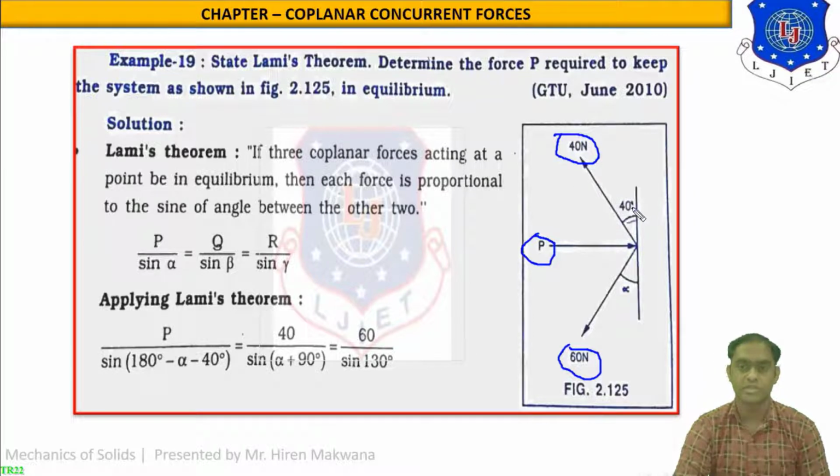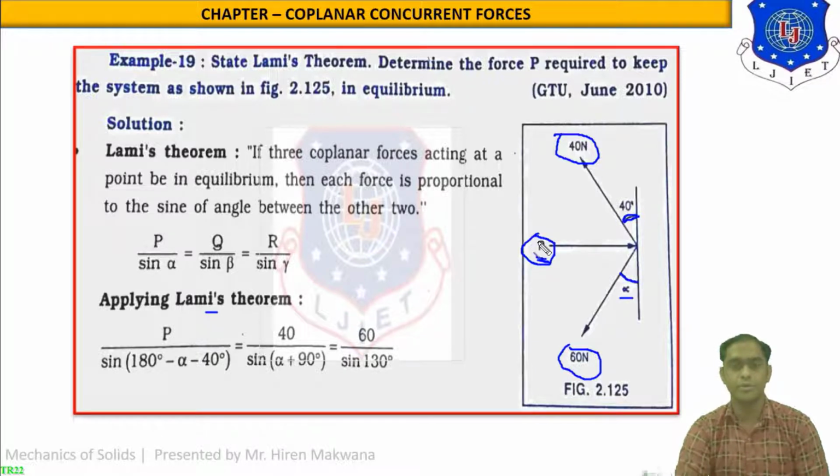These 2 forces are making angle 40 degree and alpha with the vertical as shown in figure. So alpha is also unknown and P is also unknown. So we have to find P and alpha. How? Well, let us start with Lami's theorem.